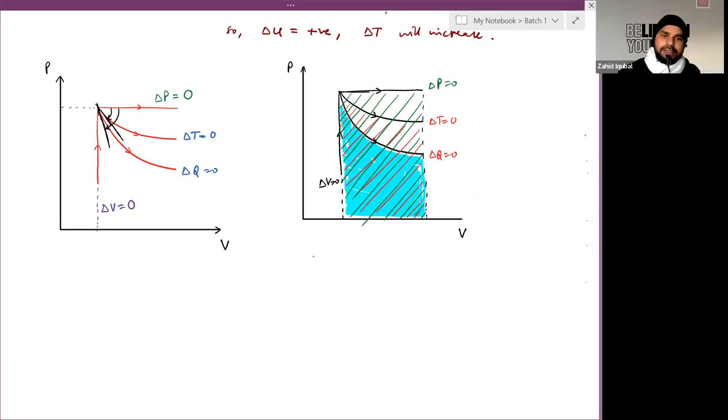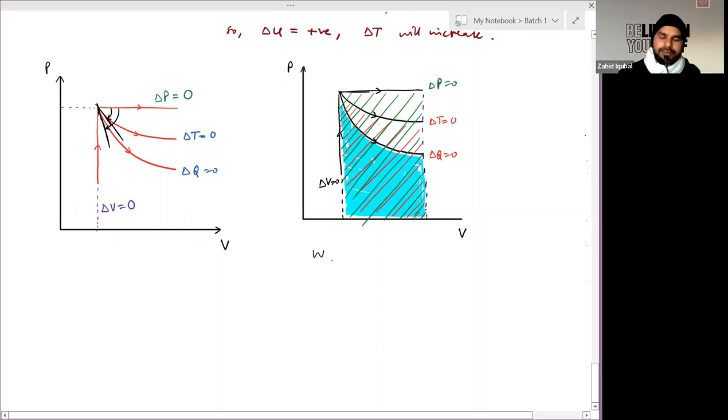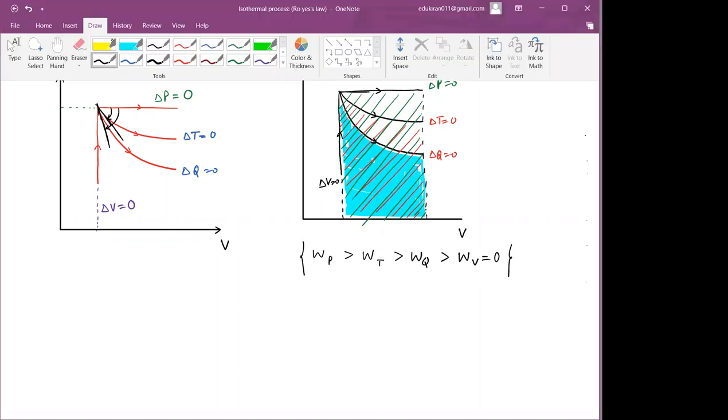So we can conclude work done is maximum in the isobaric process, then isothermal, then adiabatic, and least in isochoric, which equals 0. Khalid, is it clear? Yes, sir. Okay, just write it down.